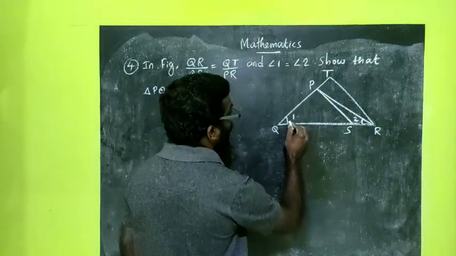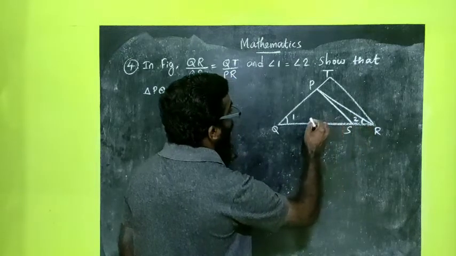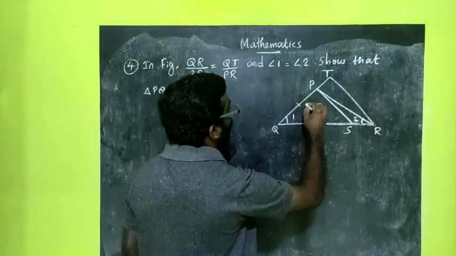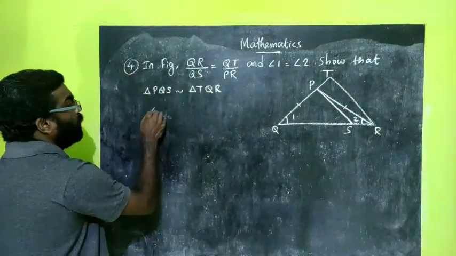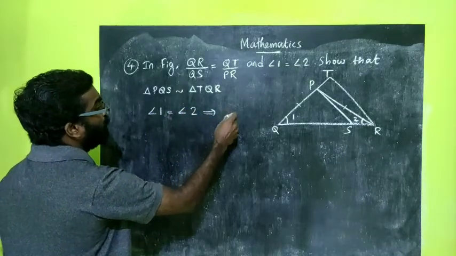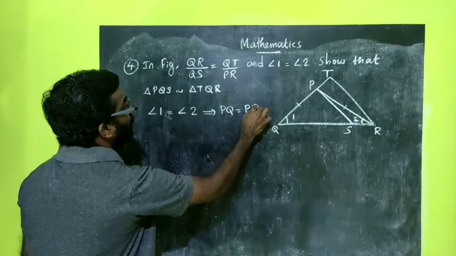In triangle PQR, angle 1 equal to angle 2. So the sides opposite to these equal angles are equal. That is, PQ will be equal to PR. So angle 1 equal to angle 2 implies PQ is equal to PR.